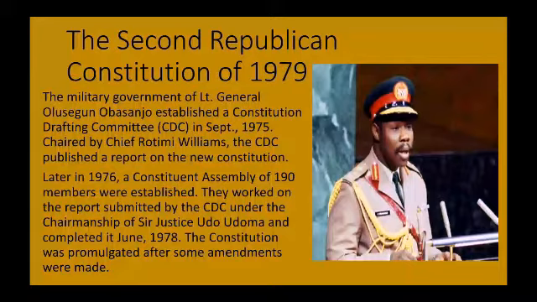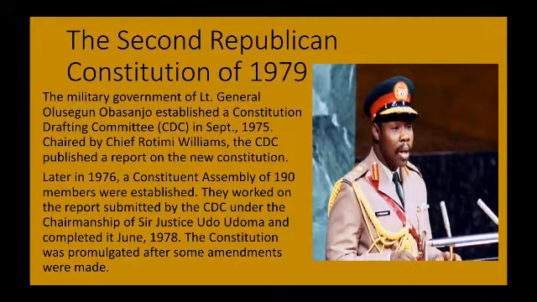their resolution in 1978. And this constitution they came up with was amended by the Obasanjo regime, and after some amendments, it was promulgated and became the new constitution of Nigeria in 1979.